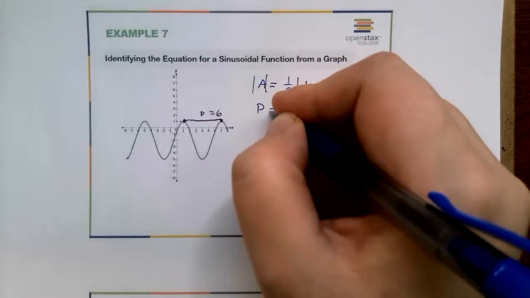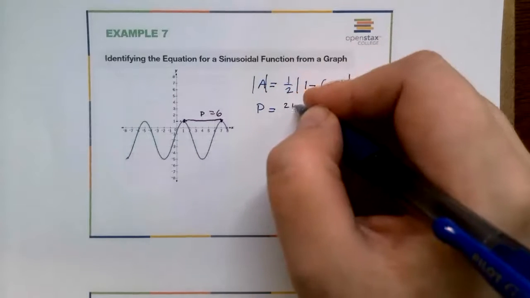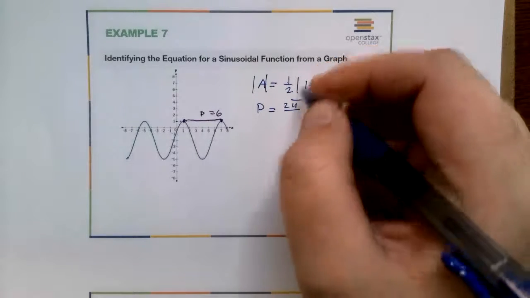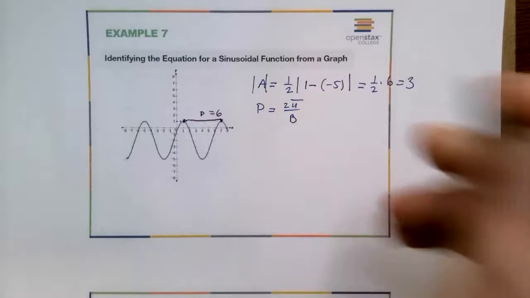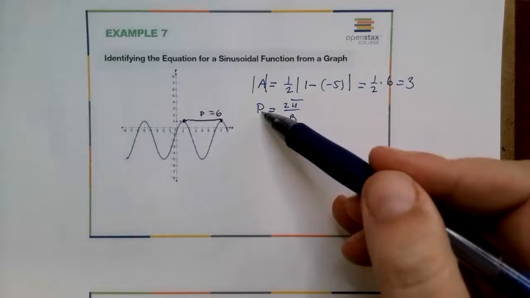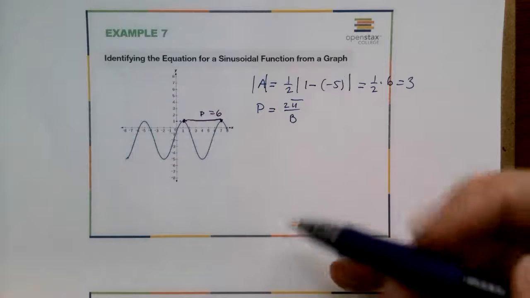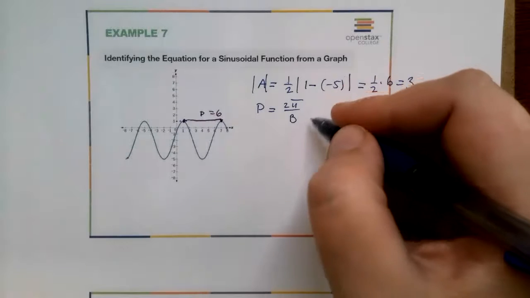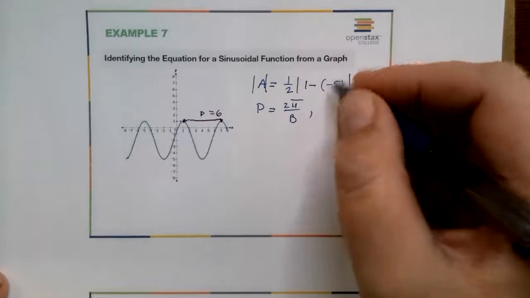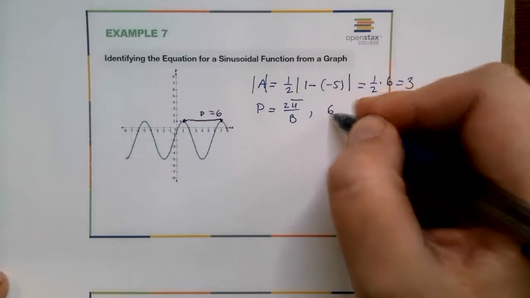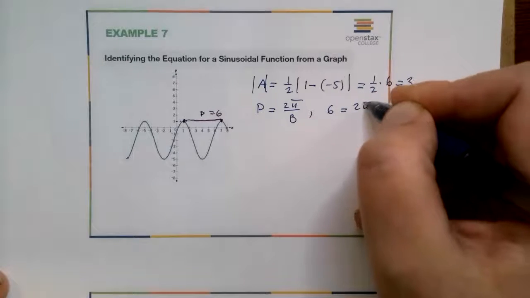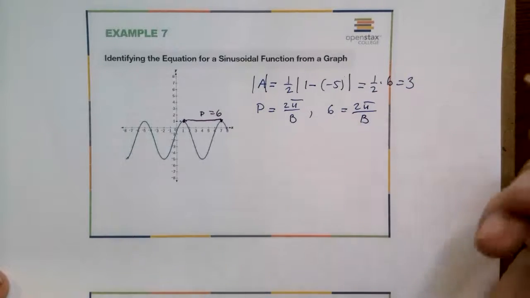The formula is 2 pi divided by b. So if I know p, when I plug it in, I will find b, right? So I have 6 equals 2 pi divided by b.